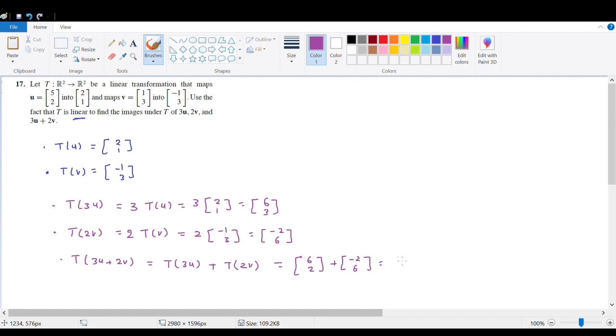So this will give us 6 minus 2 is 4, and 3 plus 6 will be 9. Sorry, this one is 6, 3, not 6, 2.